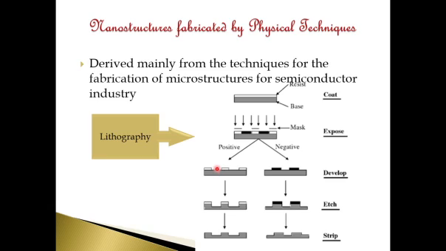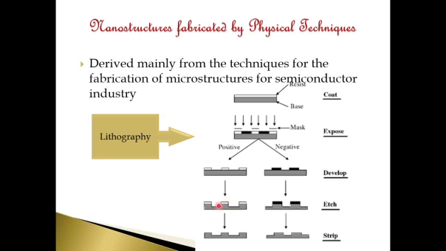Okay, so what will happen? It will then be immersed in an etching solution. So the etching solution will etch out the region which is exposed to the solution. That means the regions which are devoid of resist layer.